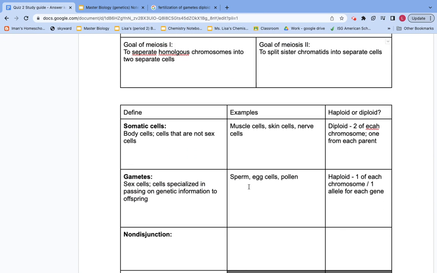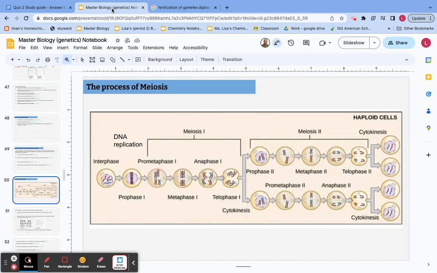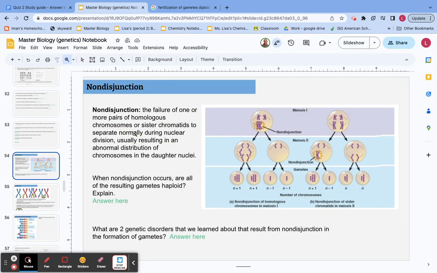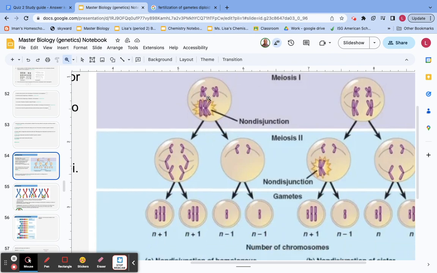Okay. However, sometimes we have mistakes in this process of separating our homologous chromosomes or separating our sister chromatids. This is called non-disjunction. I'm on slide 54. So we could have non-disjunction where in meiosis 1, our homologous chromosomes do not separate properly.